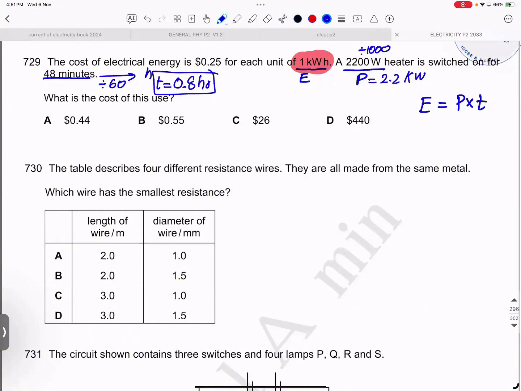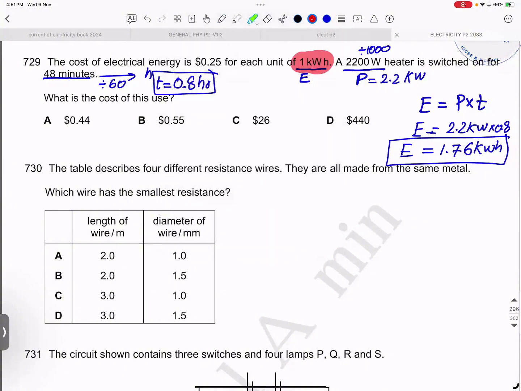You have the time, you have the power. Electrical energy will be power 2.2 kilowatt, time 0.8 hours. So energy is 1.76 kilowatt hours. This is the total energy provided. Now do cross multiplication as per the given situation.